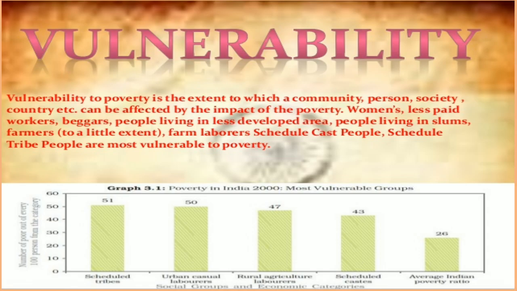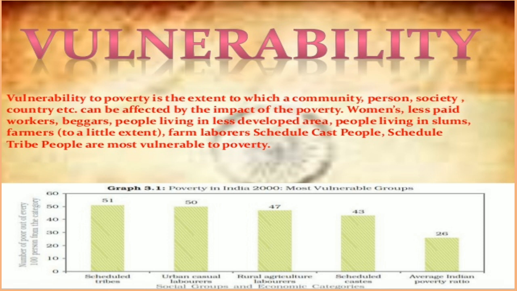Now let us see about vulnerability. What is vulnerability? Vulnerability to poverty. The proper definition is the extent to which a community, person, society, country, etc. can be affected by the impact of poverty.